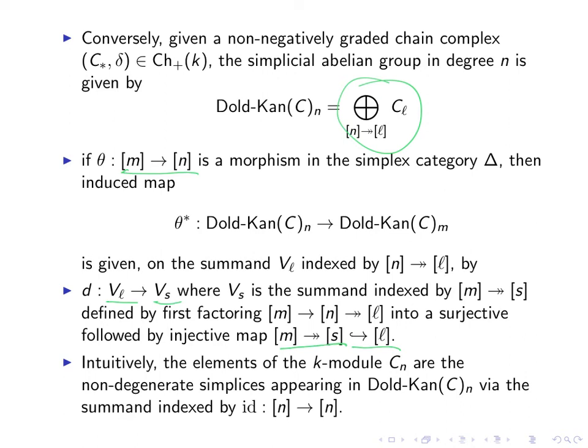So intuitively, the elements in the K-vector space C_n give rise to non-degenerate simplices appearing in the degree n simplicial module Dold-Kan of C, indexed by the summand of the identity map.